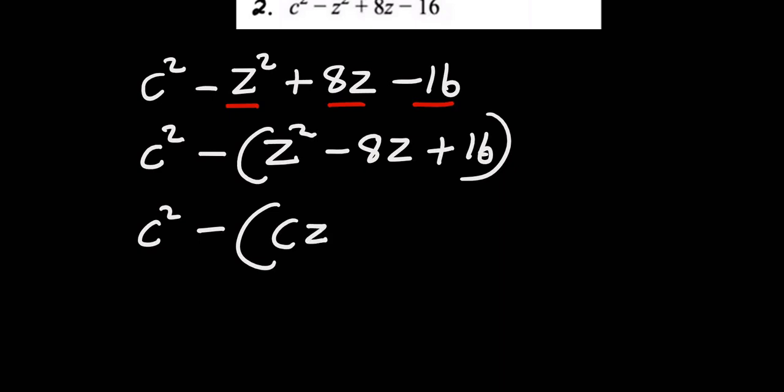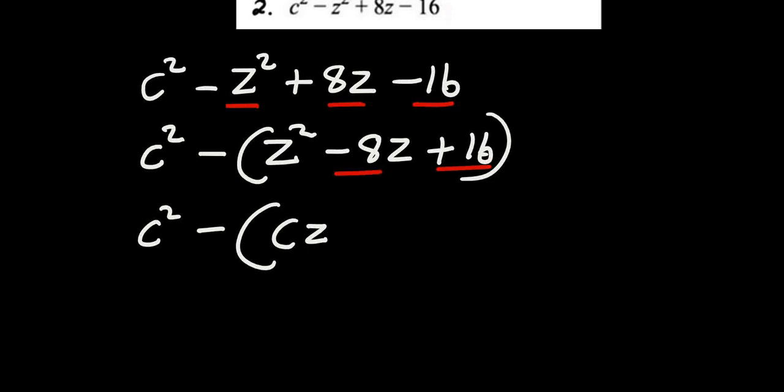We are looking for two factors of positive 16 such that their sum should be negative 8. So that will be negative 4, negative 4. Negative 4 times negative 4 is positive 16, and the sum of negative 4 and negative 4 is negative 8.